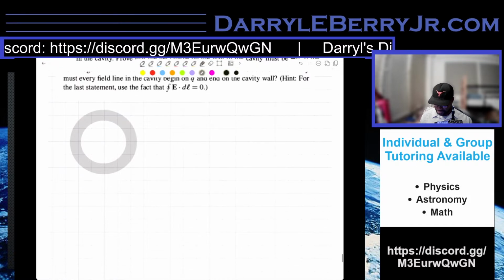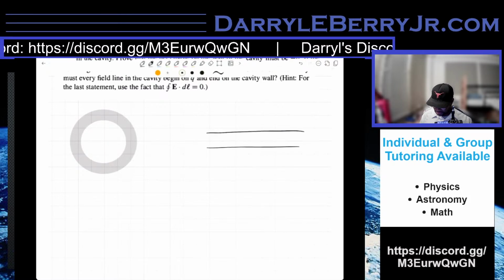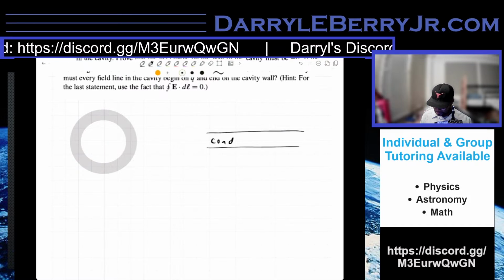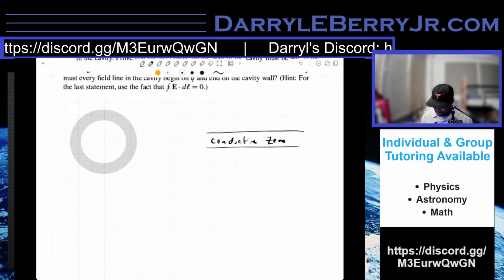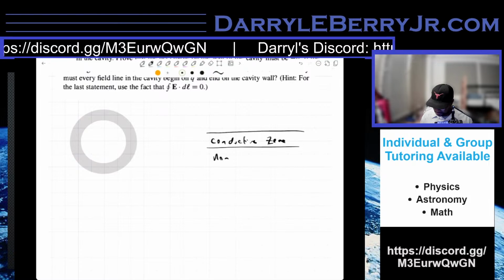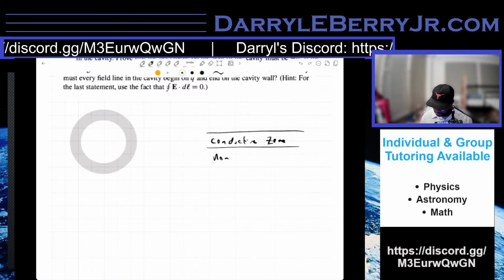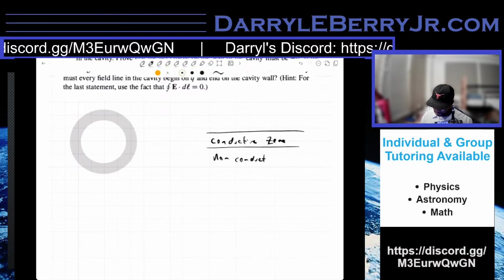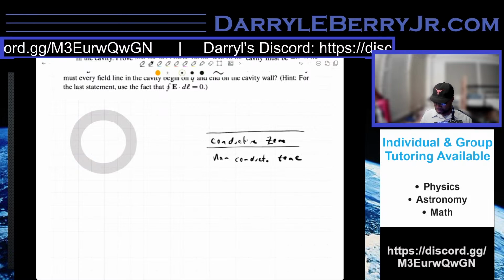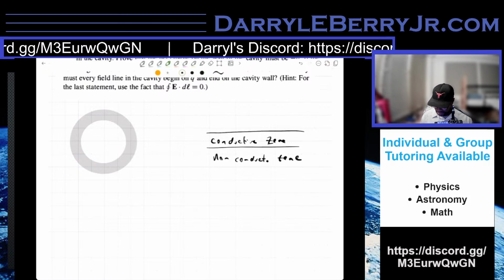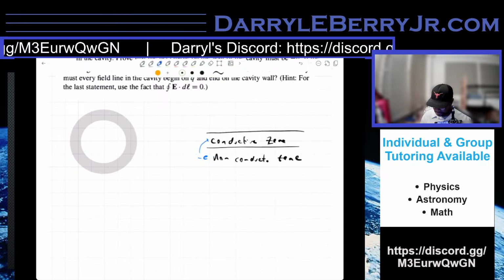So there is a sort of conductive zone, and then there's a non-conductive zone, and in conductors, the electrons can very easily move from this zone up to here.